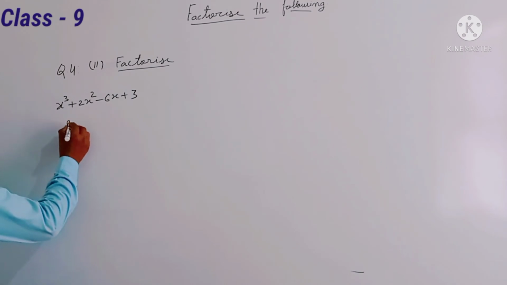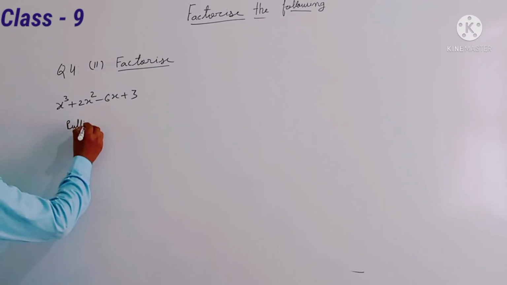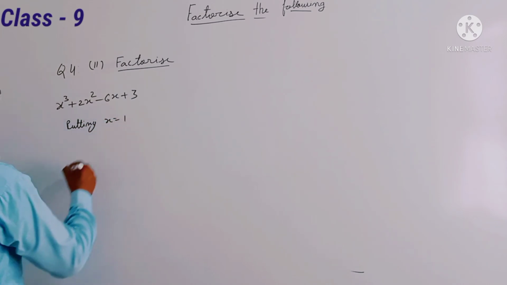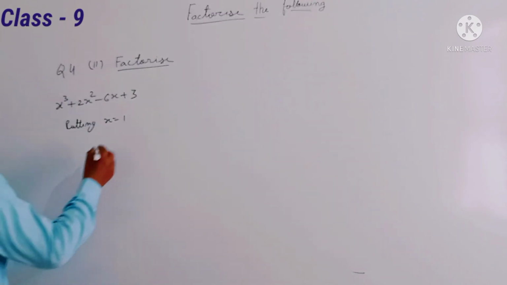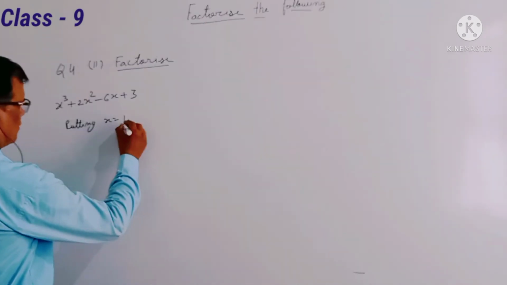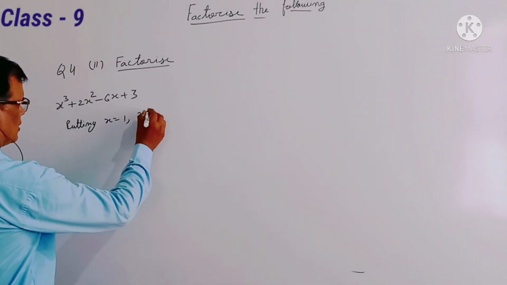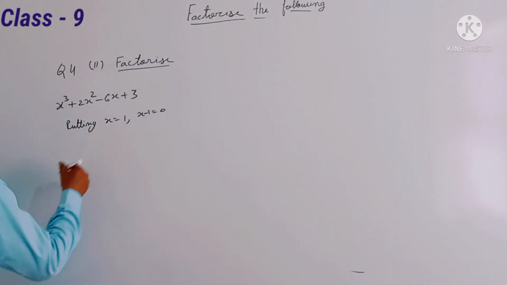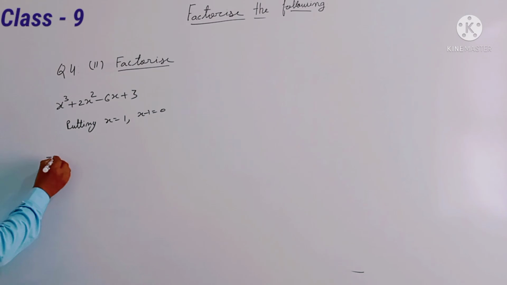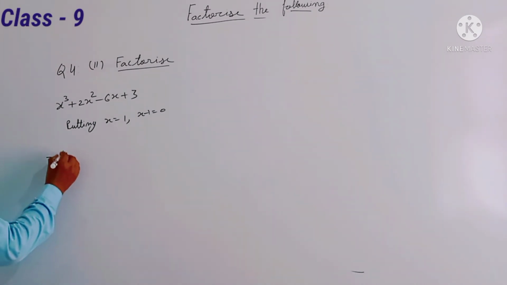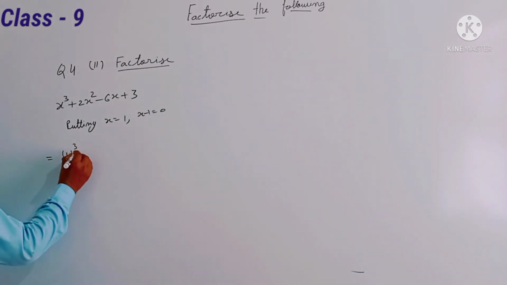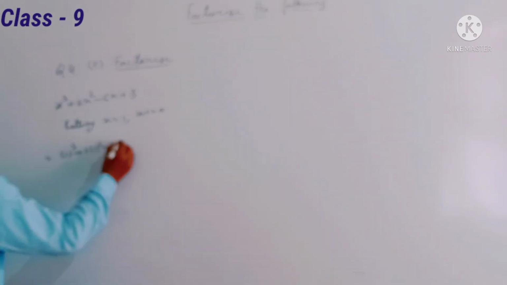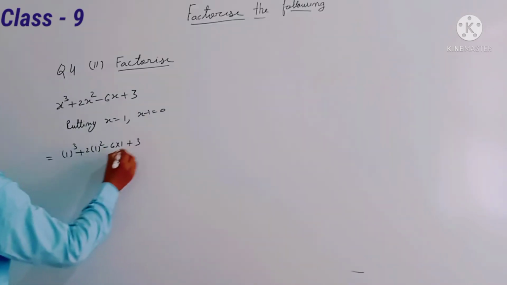As putting x equal to 1, if it is satisfied, then it will be a factor, or x minus 1 equal to 0. Now we put x equal to 1 in this: 1 cube plus 2 into 1 square minus 6 into 1 plus 3.